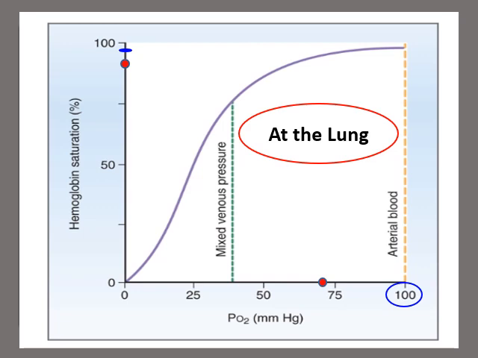This decrease in the partial pressure of oxygen occurs in the horizontal part of the curve. That's to say, a marked decrease in the partial pressure of oxygen causes little change in the percentage saturation of hemoglobin with oxygen. And this is because at high oxygen tension, the hemoglobin has higher affinity for oxygen.